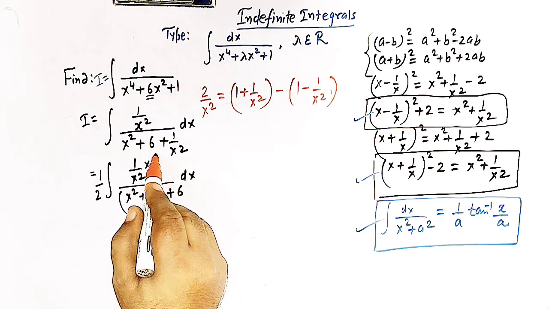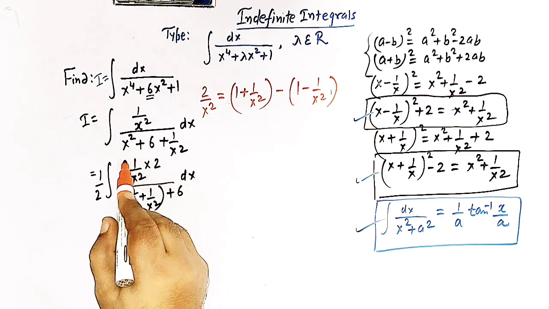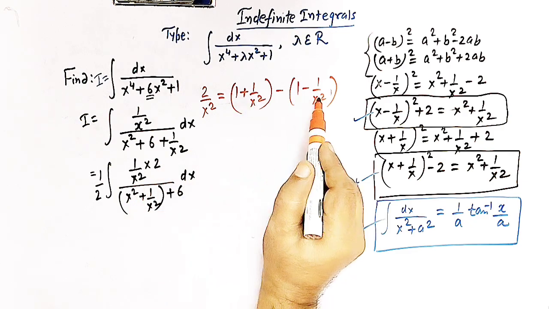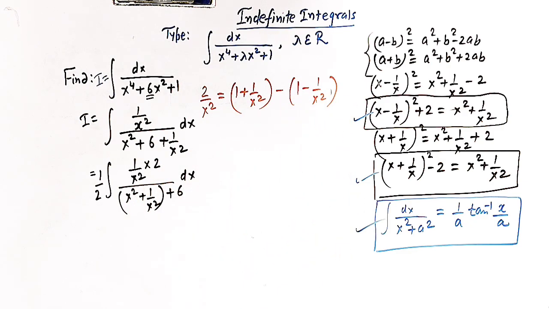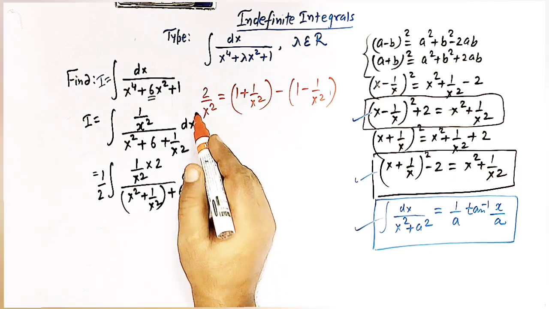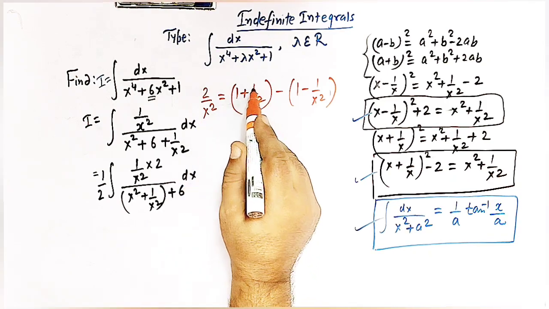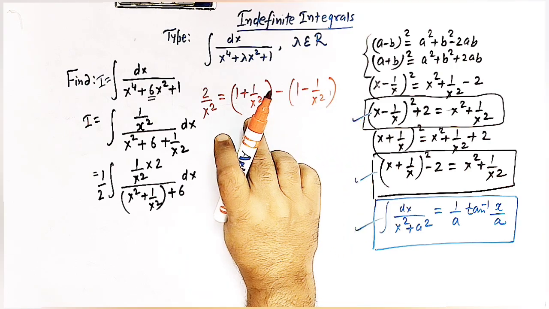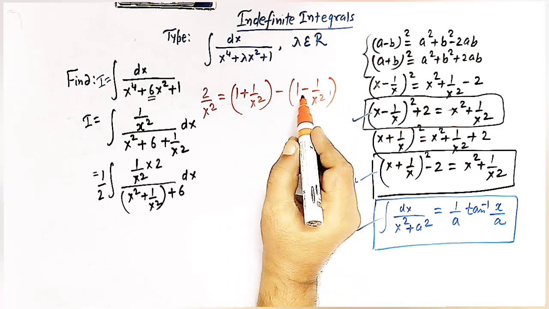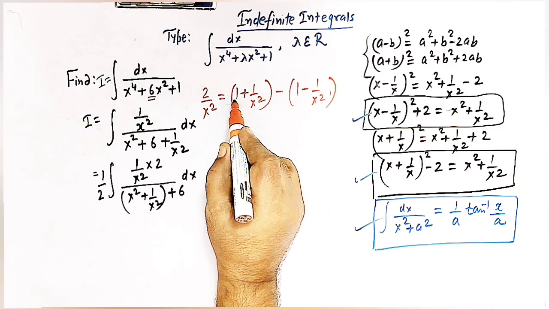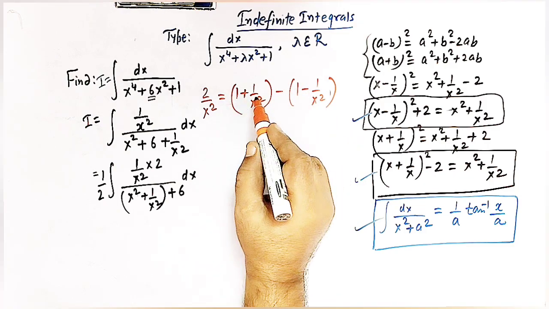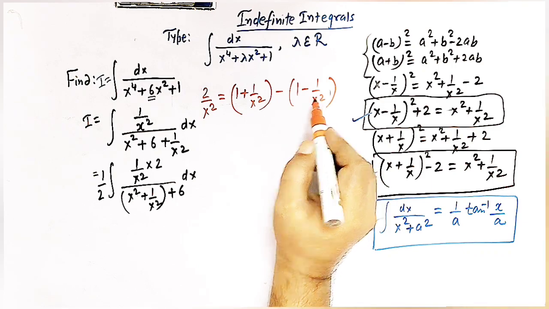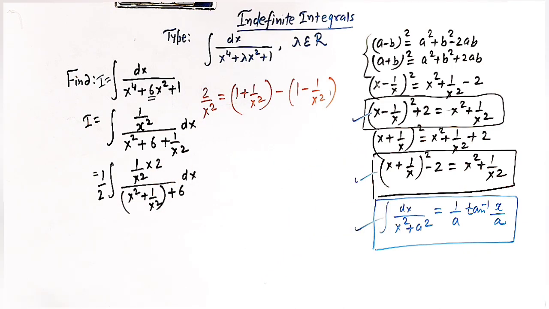So now we are going to express this quantity 2 over x square as a difference of these two terms. So 2 over x square can be written as 1 plus 1 over x square minus 1 minus 1 over x square, because when we simplify this expression, this 1 and this 1 are going to be cancelled, and 1 over x square plus 1 over x square will give us 2 over x square, right?